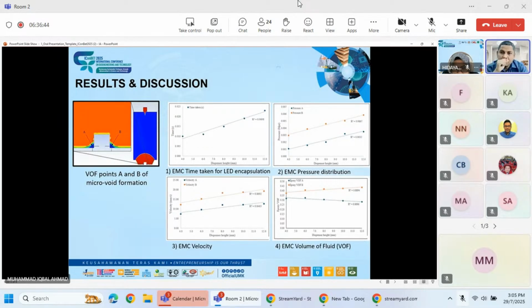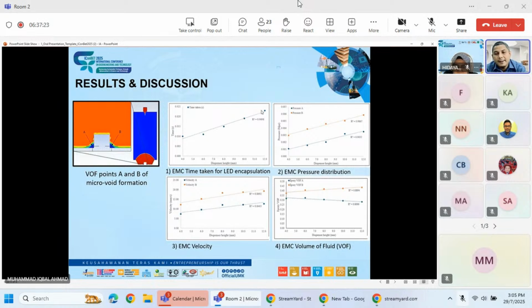Back to the parametric study, we want to look at the micro void situation. We place a point A and a point B to look at the impact of the dispenser height. From this study, yes, we agree that the EMC time taken to drop from a higher dispenser height compared to a lower one shows a trend from low to high.